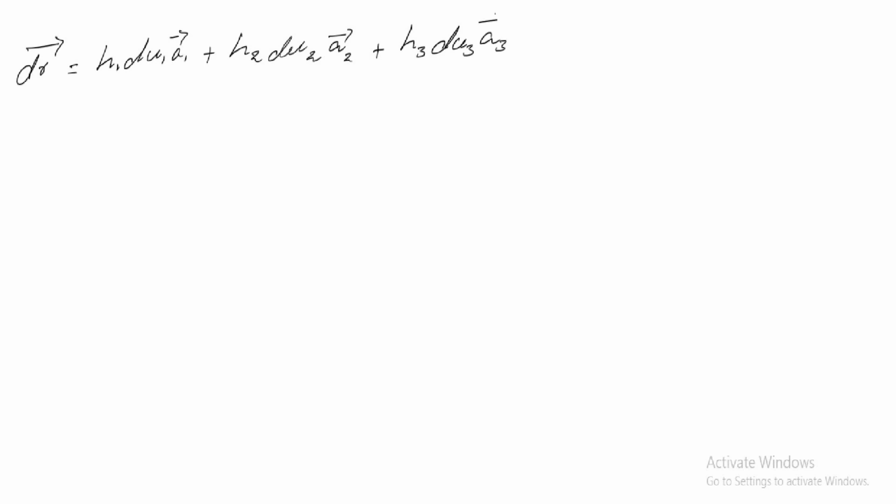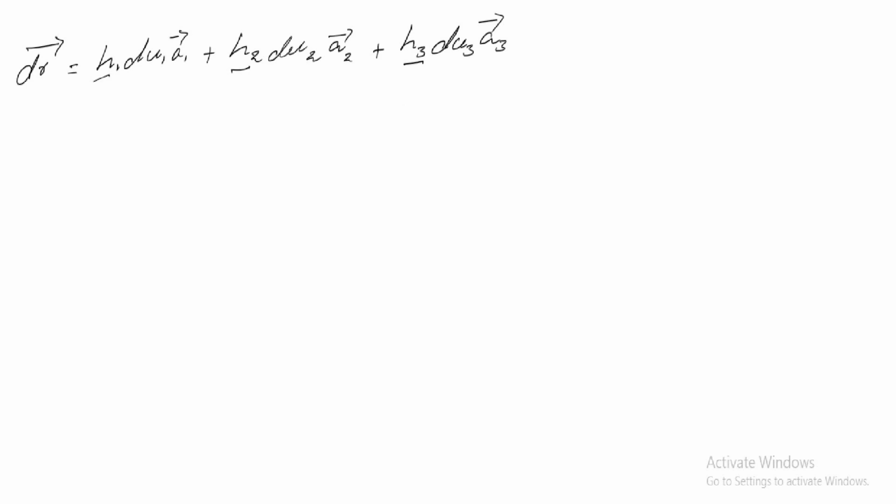So these h1, h2, h3 are called metric coefficients. In the Cartesian coordinate system, the differential length vector or displacement is dx in the direction of x, dy in the direction of y, and dz in the direction of z. Same like that, here we have the extra h1, h2 and h3. In the curvilinear coordinate system, they are called metric coefficients.